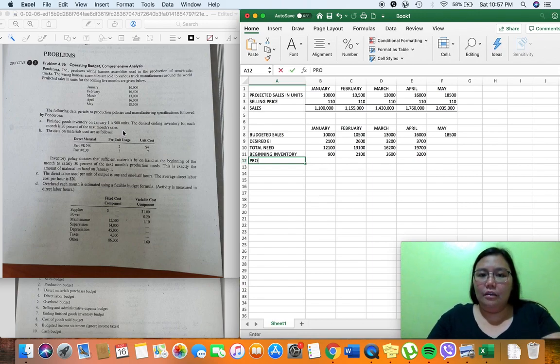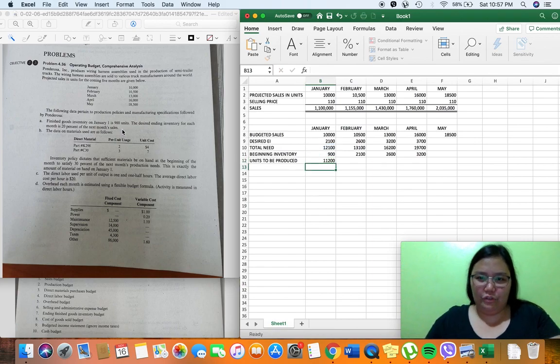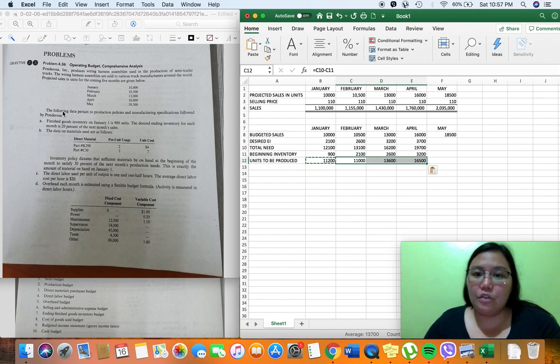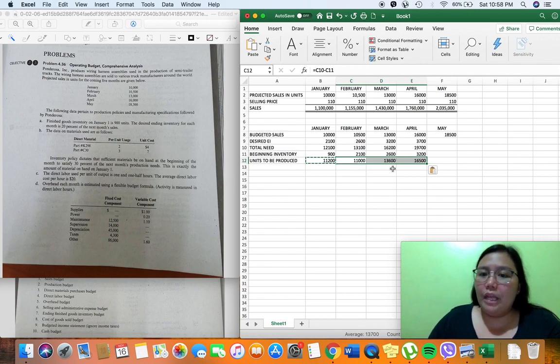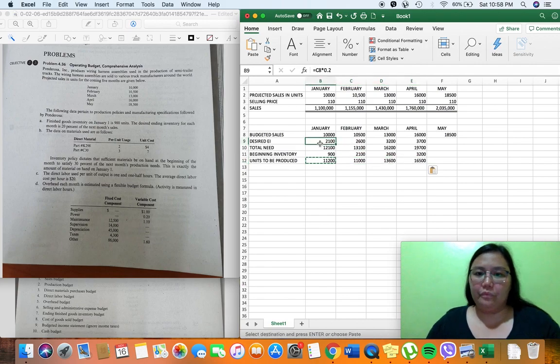This is the production in units, or units to be produced for each month. So we have to get the difference. 12,100 minus 900. So in January, we're going to produce 11,200 units, 11,000 units for February, and 13,600 for March, and 16,500 units for April.